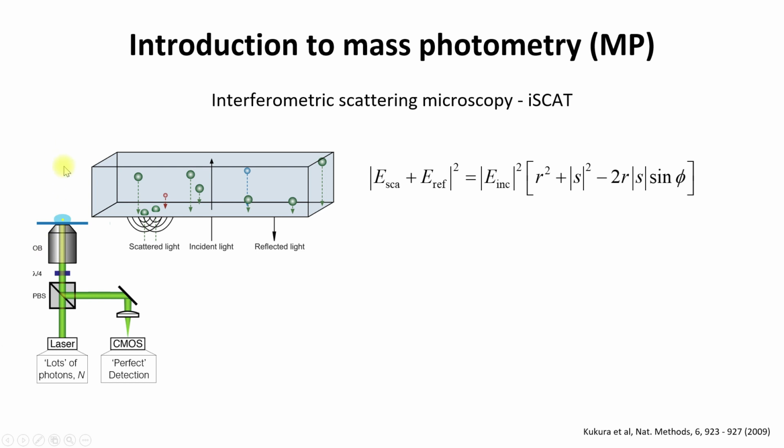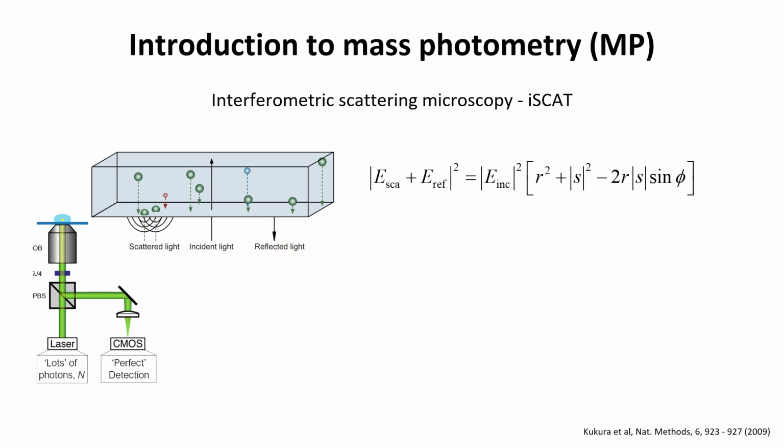If we look here at the sample cell, you can see different proteins. Those proteins come to the interface between glass and water. They bind in a non-specific way, and once they bind, they scatter light. Of course, we also have the reflected light that comes back from the interface between glass and water, and together they create the image that we see on the camera.